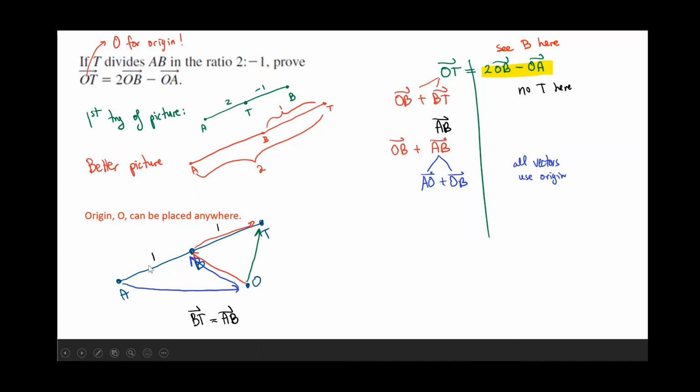Instead of going from A to B, we go from A to origin, then origin to B. Okay, so we have that. Then rewriting it, and we have some like terms. OB we can place together and collect them to make 2 of them, just like what we want. And this AO, if you change the order, you can change positive to a negative, and that gives you the proof that we wanted.